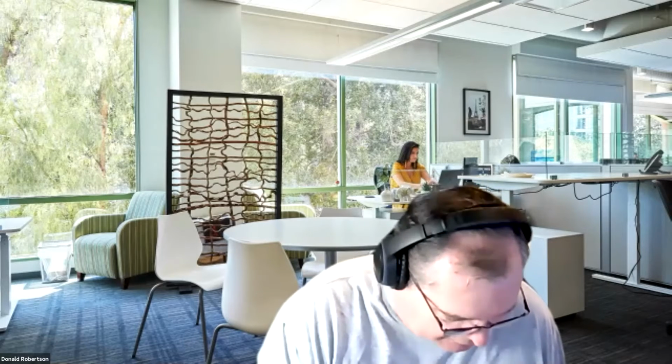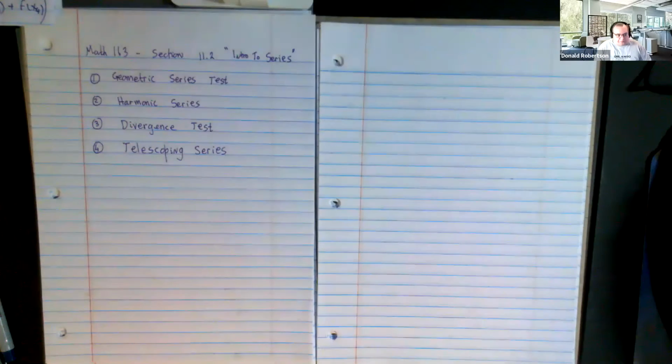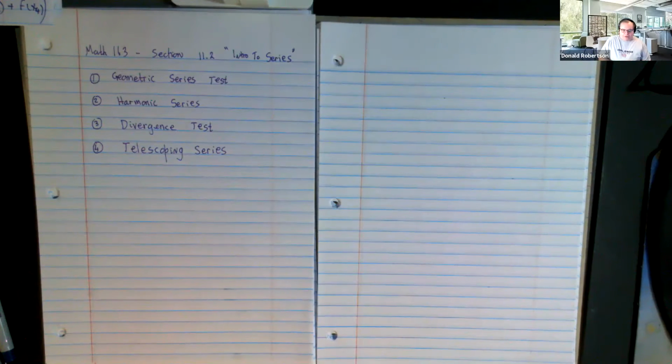Let's jump right into section 11.2. Here we go. It's intro to series, and we already looked at geometric series, and we're going to do some more of those because that's the major chunk of the questions in section 11.2.